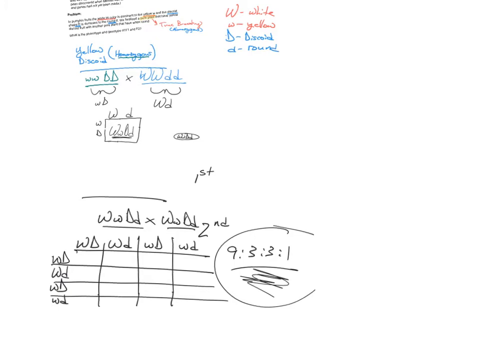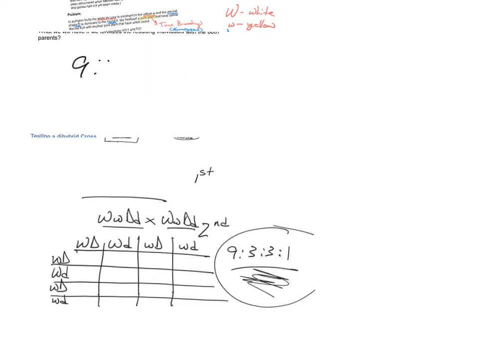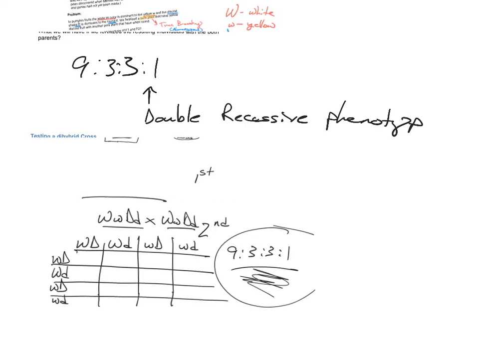All right, so we finished that. We did the dihybrid cross. We looked at the 9 to 3 to 3 to 1 ratio, right? And we know that this is a double recessive phenotype. And this is the double dominant.